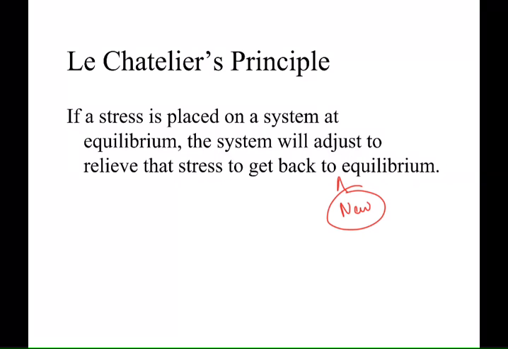It'll get back to an equilibrium where the rate in the forward direction is equal to the rate in the reverse direction, like those arrows show. But it's going to be a new equilibrium, a new day. Why? Because the system was stressed.